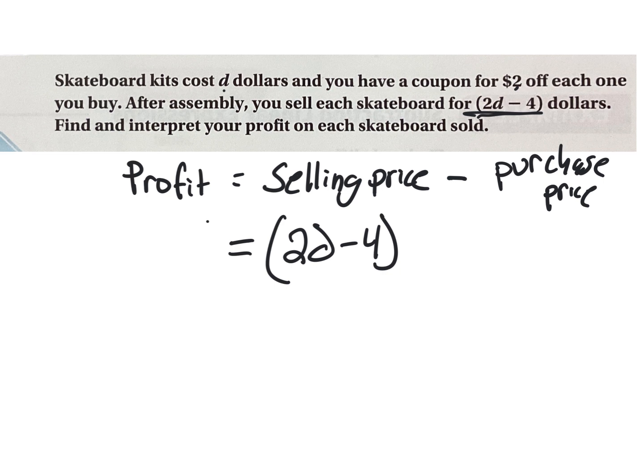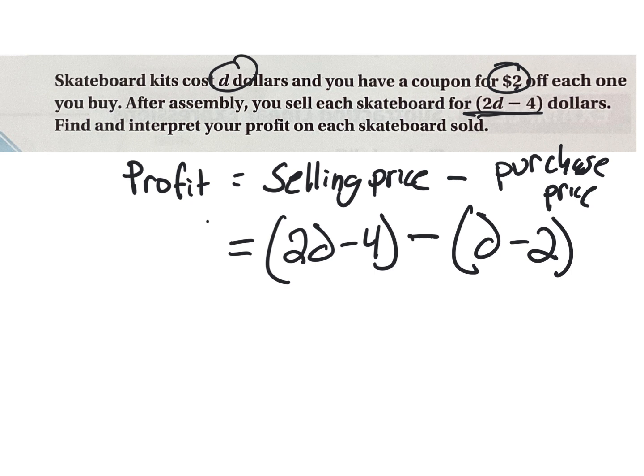Okay. Now we're going to take away the purchase price. And the purchase price is D minus the $2 off. So D minus 2. Now, all you have to do is put these together, and you will get your answer.